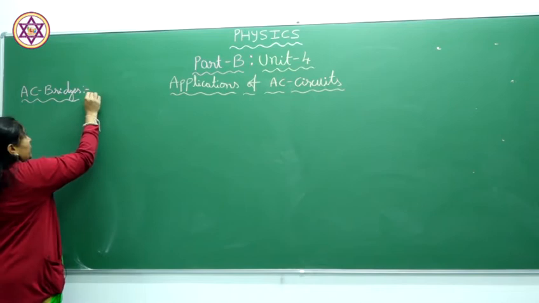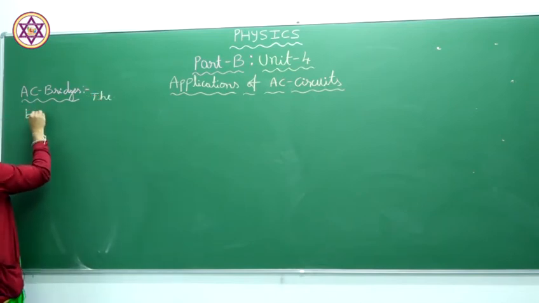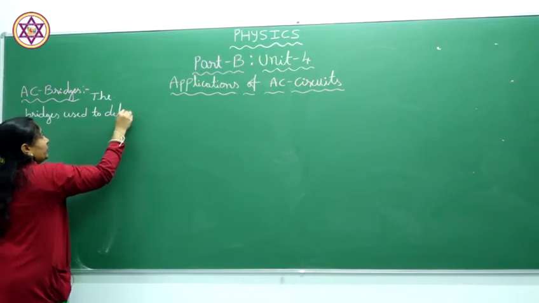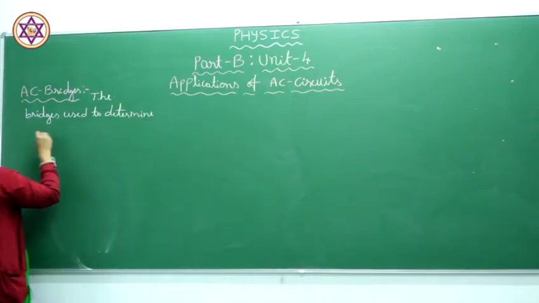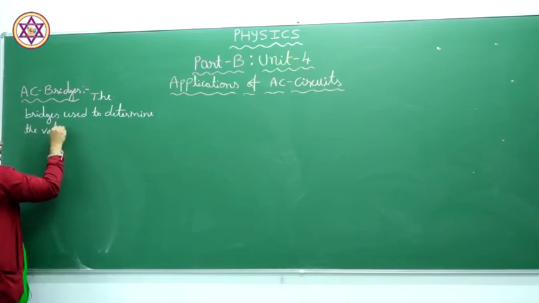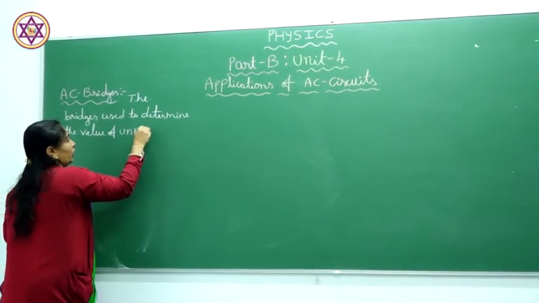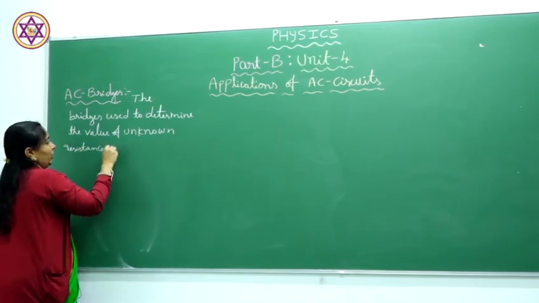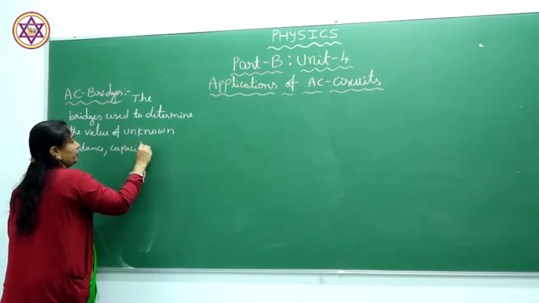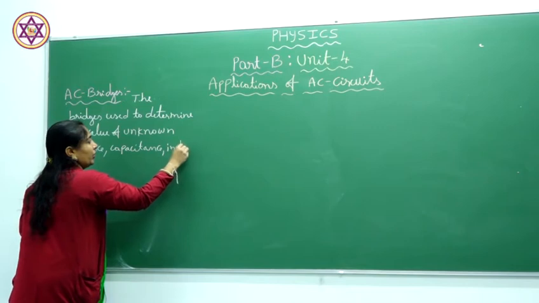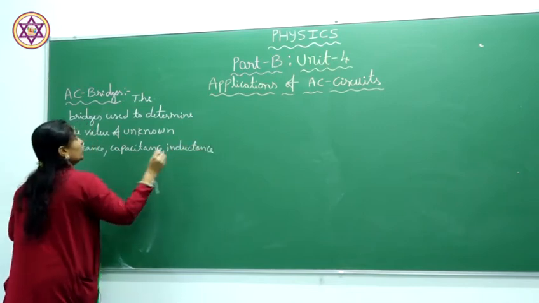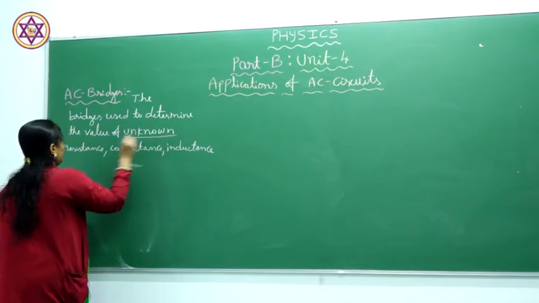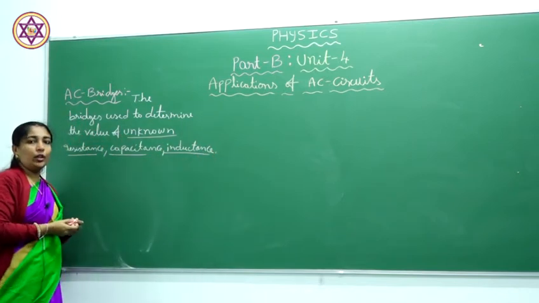That means they are the bridges used to determine the value of unknown resistance, or unknown capacitance, or unknown inductance. So this is called the AC bridges.